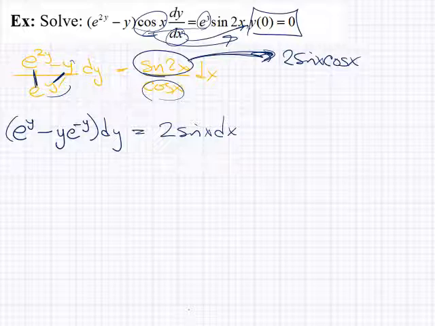So now I'm ready to integrate. I integrate this side, I integrate this side. Simple integral here, by parts integral here, simple integral here, and then we're good to go.